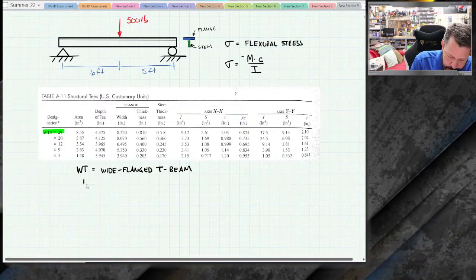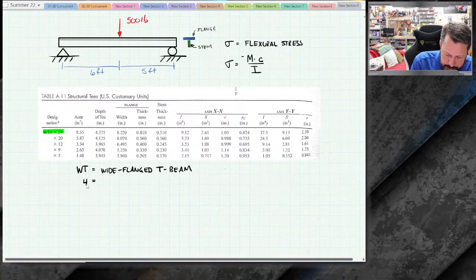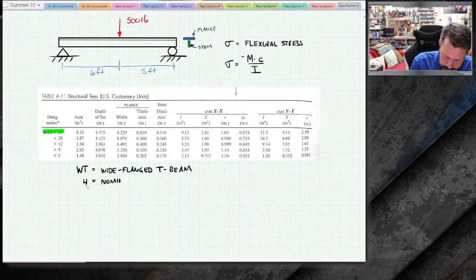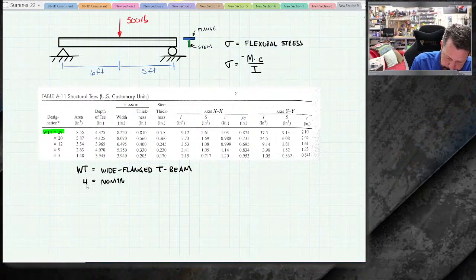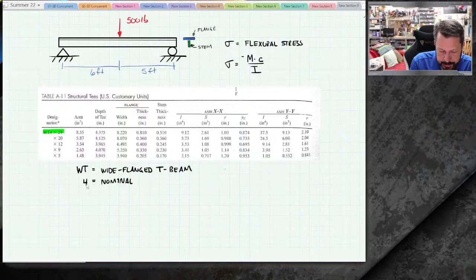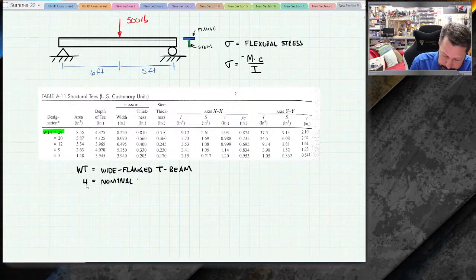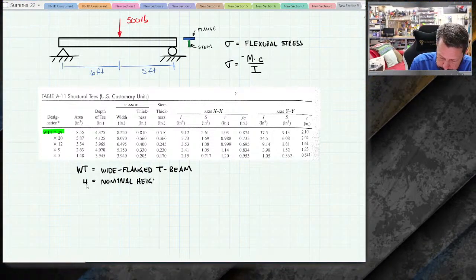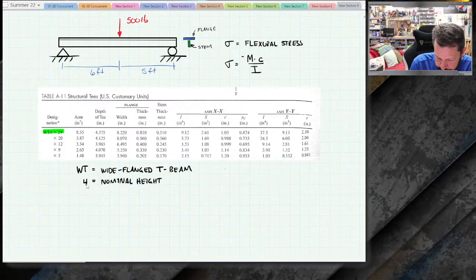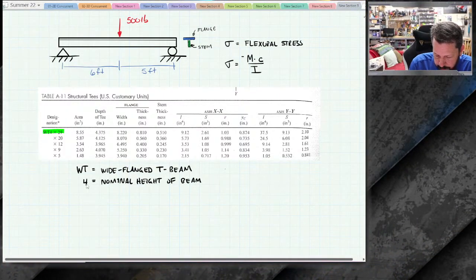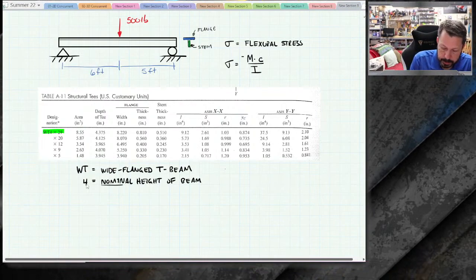The 4 is the nominal, so not exact, depth of the beam, they call it. I'm going to call it height. So it is nominal, so it's not an exact measurement.